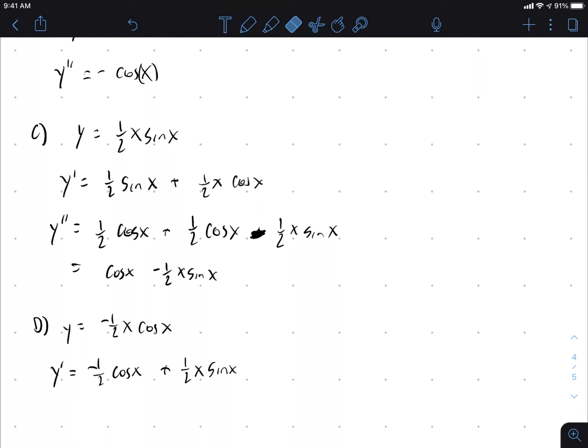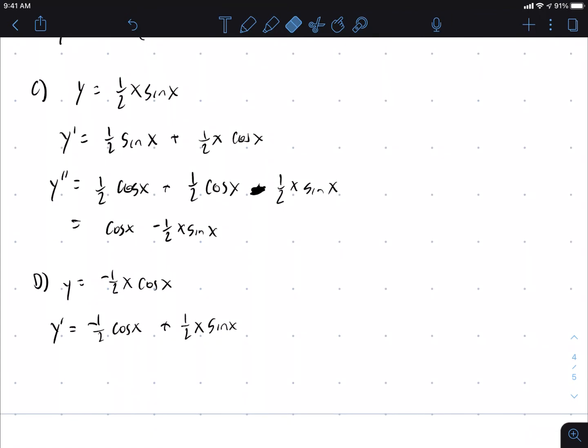Okay, so then double prime is going to be 1/2 sine of x plus 1/2 sine of x plus 1/2 x cosine of x. Correct?